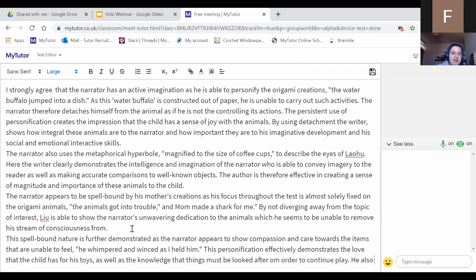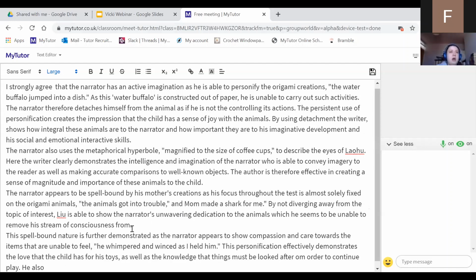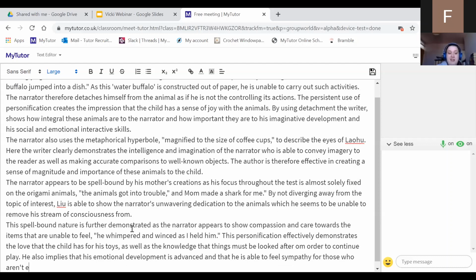He also implies that his emotional development is advanced, and that he is able to feel sympathy for those who aren't even able to feel pain. So that is what a good one looks like for you.